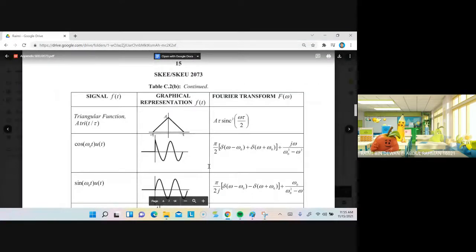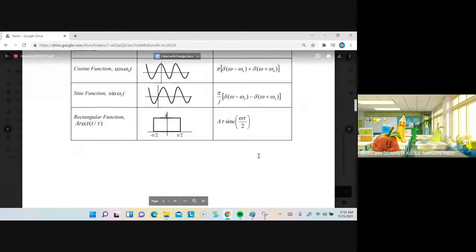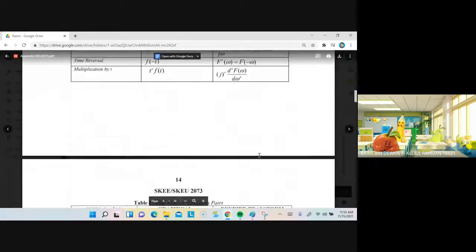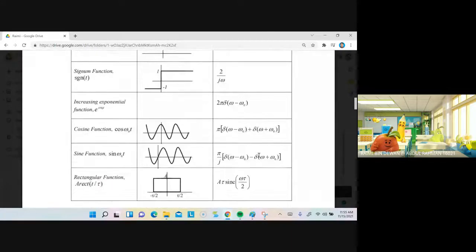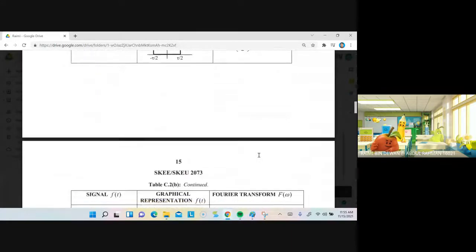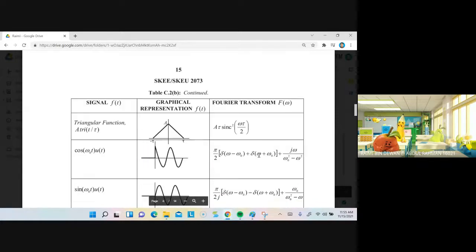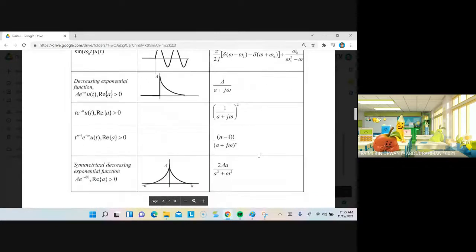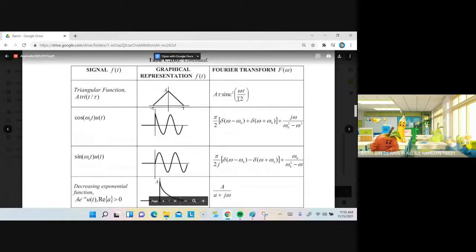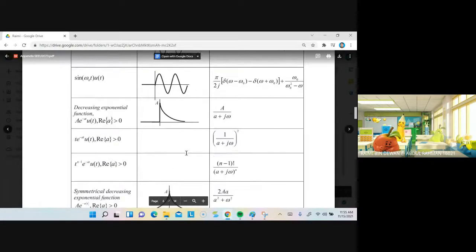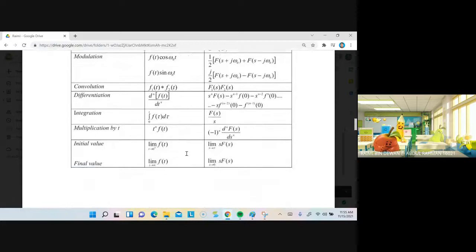Don't take it as it is. If you have time, you can try to prove it. If you don't have much time, maybe you can see on YouTube how they demonstrate how you obtain this one from this one, so that you will appreciate the knowledge more.